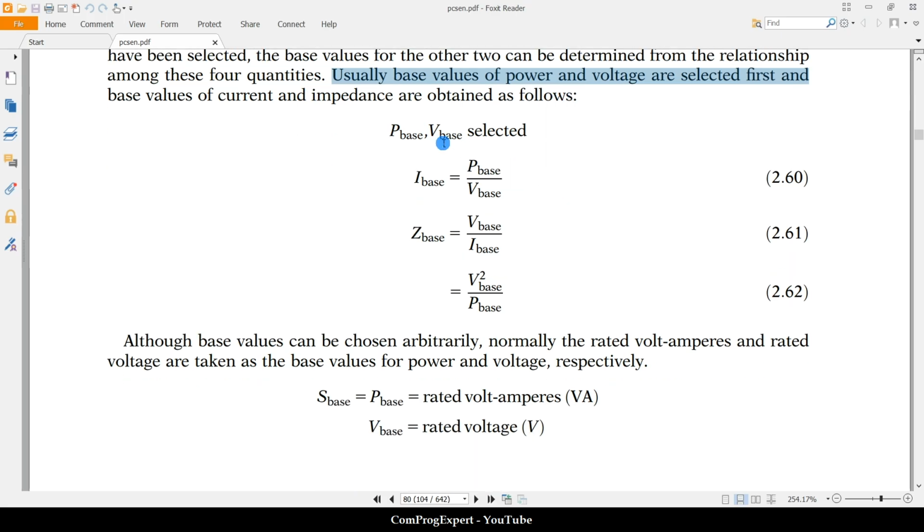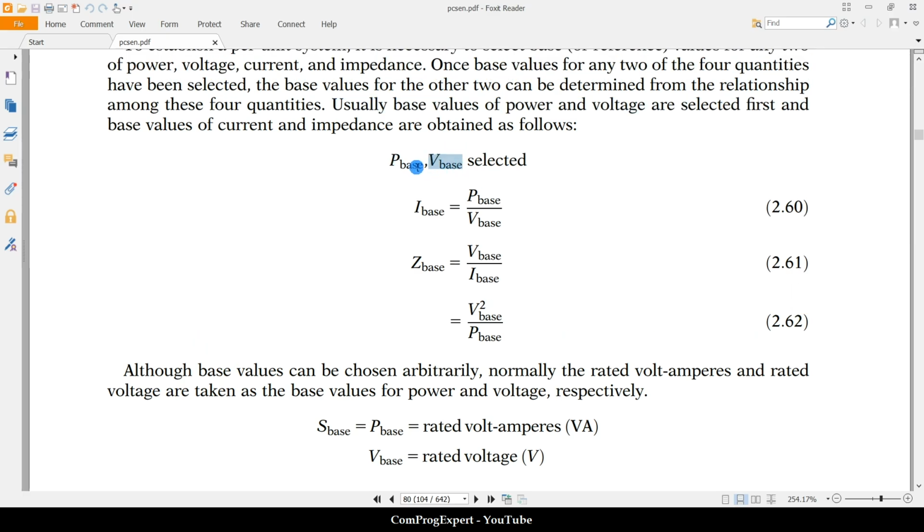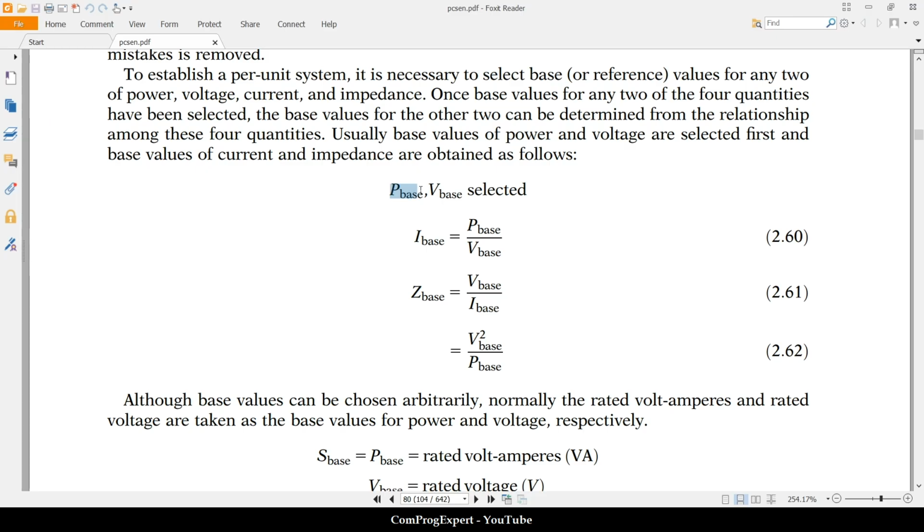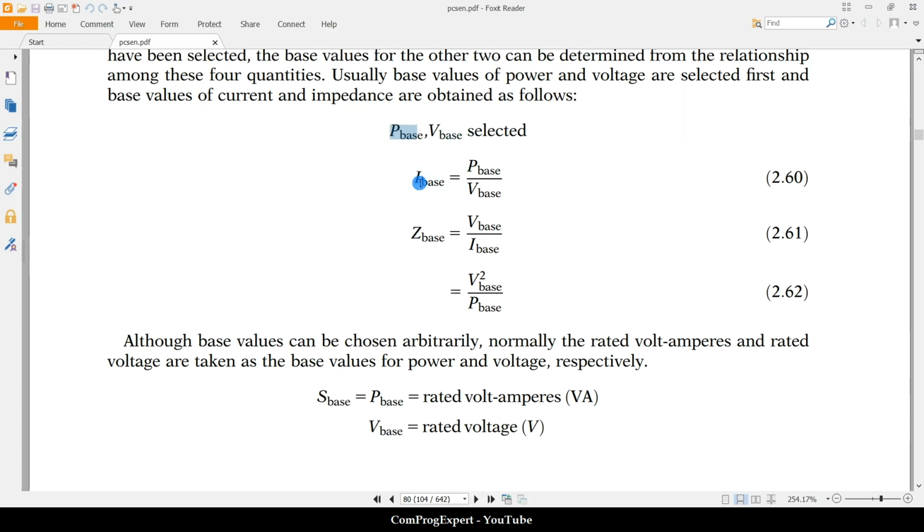If we select power and voltage and consider base values for them, we can calculate the base value for the current and impedance using these two equations. The I base is equal to the P base divided by the V base, and the base impedance is V base divided by I base, or V base to the power 2 divided by P base.